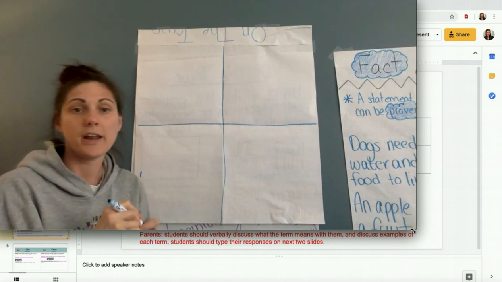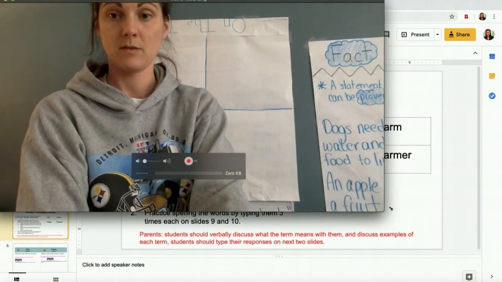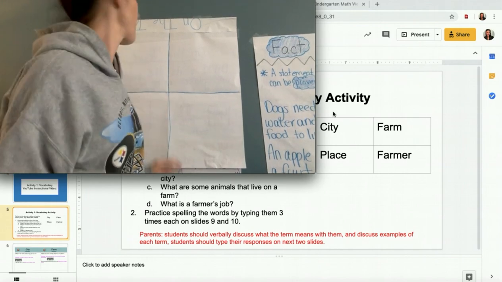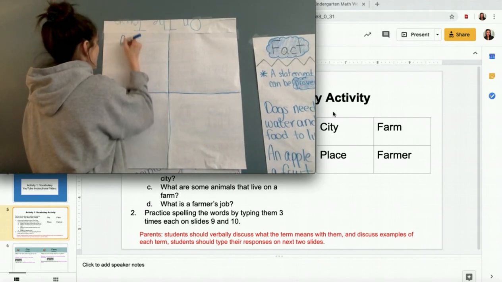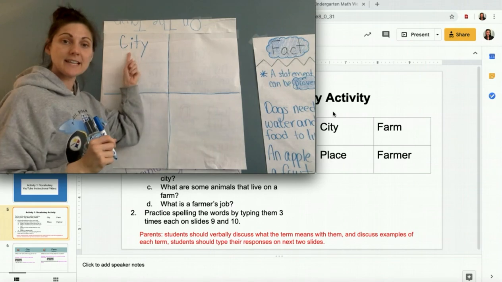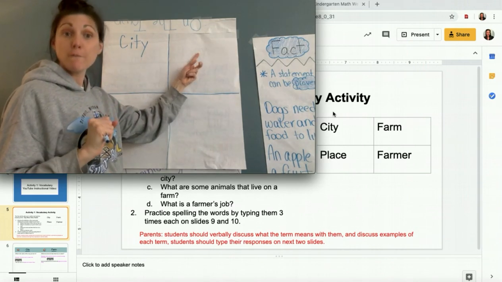Yep. All right, so the first word that I'm going to put in is city, which you see right here. So at the top of one square, I'm going to write city, C-I-T-Y, city. The top of the next square, you can see farm.